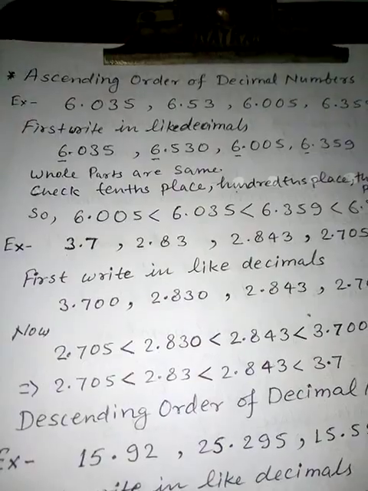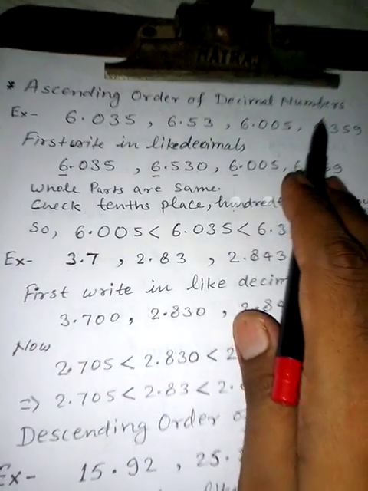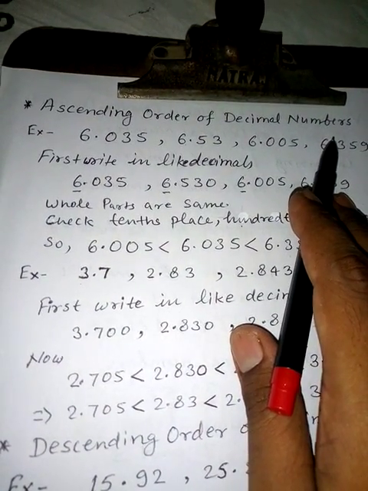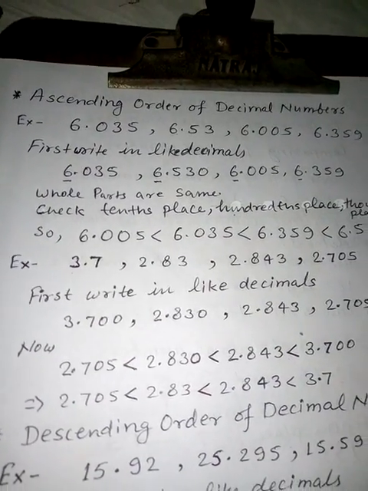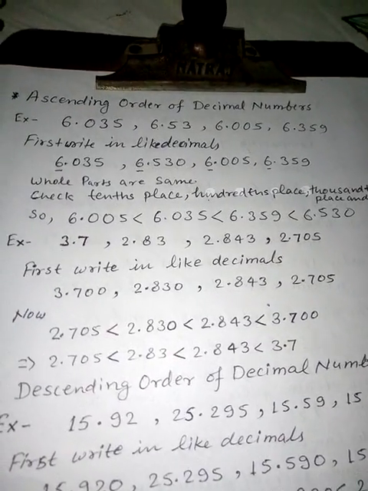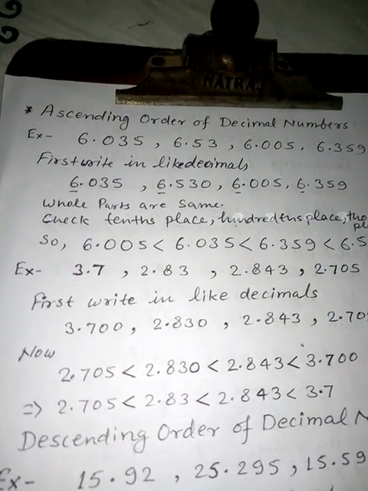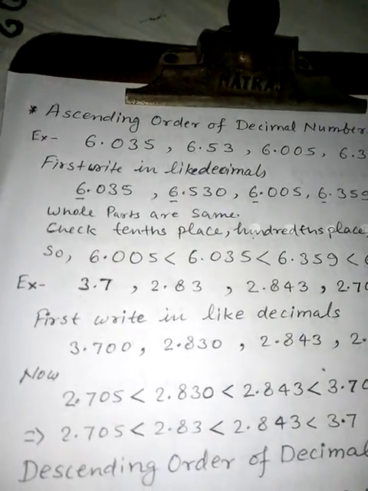Now come to the ascending order of decimal numbers. You know ascending order for whole numbers. In the whole number chapter you have read about ascending order, from smaller to greater. Here also you have to write smaller to greater, but you have to decide which is smaller and which is greater.